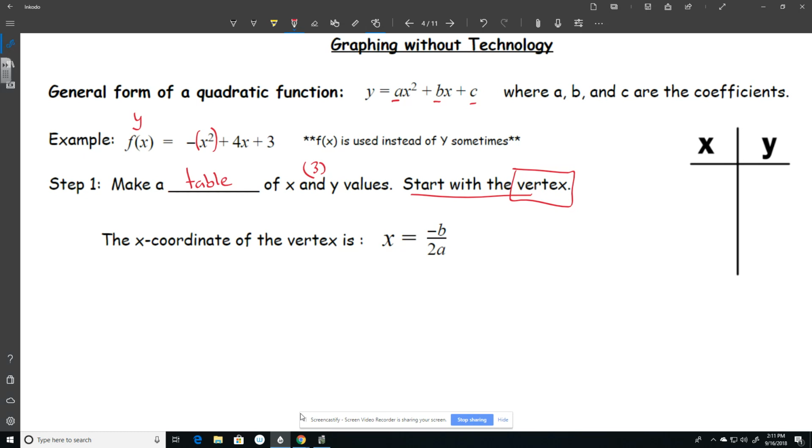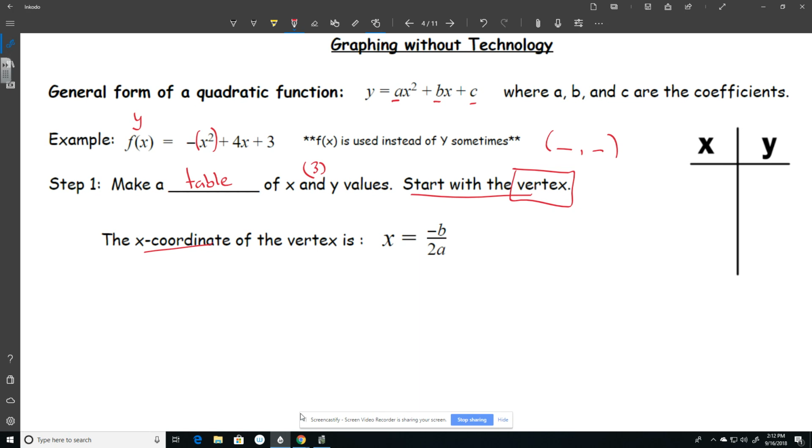And we can find that by hand. Since we're doing this by hand, I've got to find the vertex by hand. The way I do that is the x coordinate of my vertex, the x value that's going to go right here. So my vertex is going to be something x, something y. The x value is going to equal negative b divided by 2 times a. That's going to be what I use for x, for my vertex.